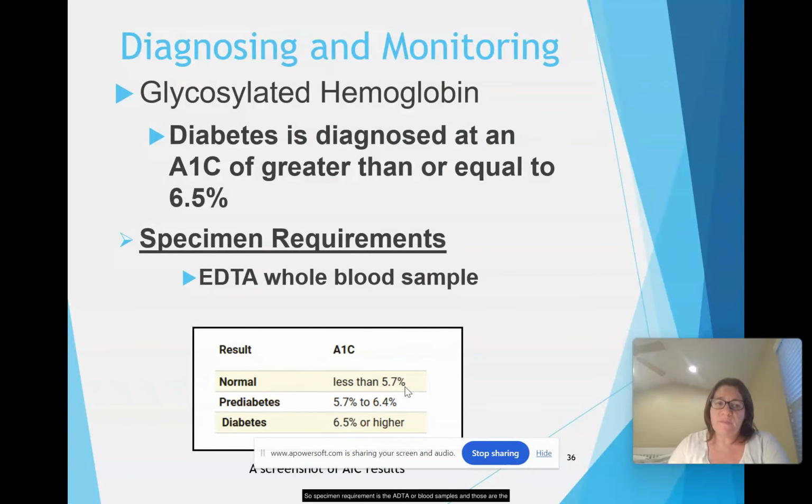The specimen requirement is EDTA whole blood samples, and those are the reference ranges. If it's less than 5.7%, it is normal. If it's higher than 6.5%, it's considered diabetes.